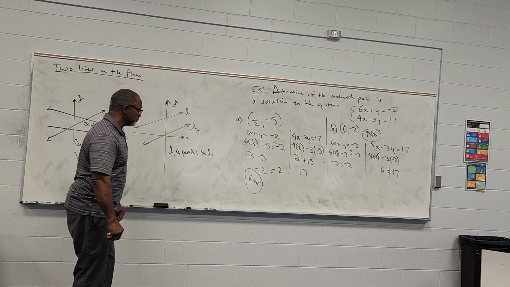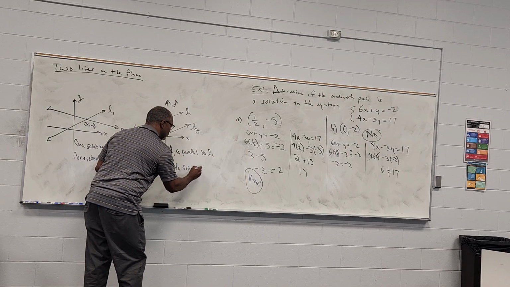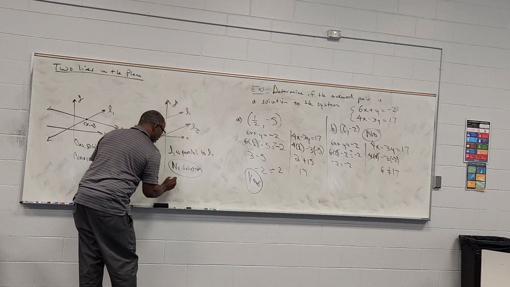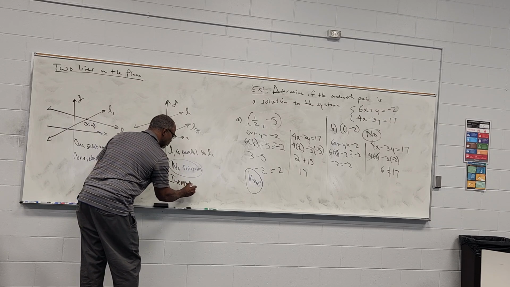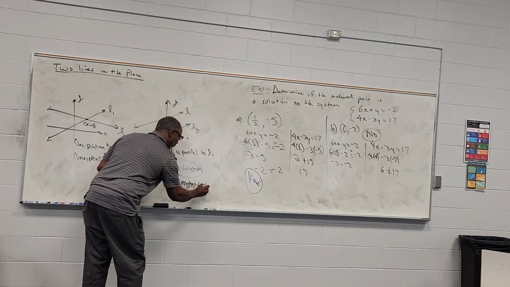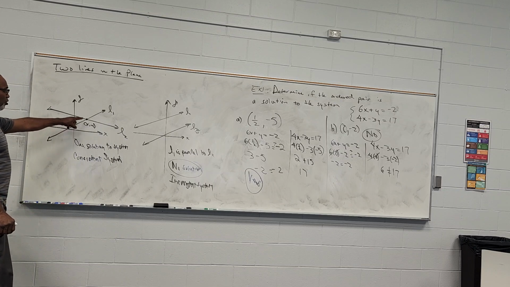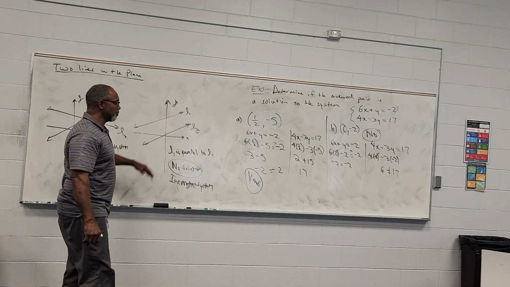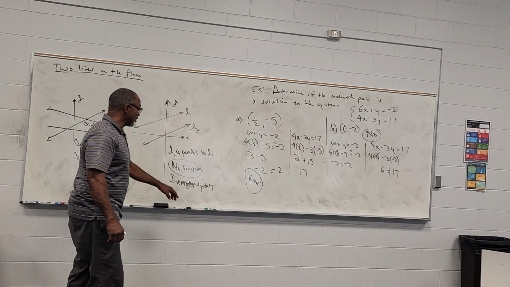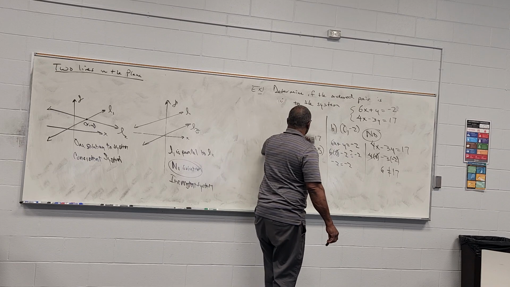They never cross, so there is no solution to this system. This is called an inconsistent system. So that's the second possibility for two lines in the plane. Two lines can cross at one point, one unique solution, that's a consistent system. Two lines could be parallel to each other and never cross, that's an inconsistent system. There will be no solution to an inconsistent system.